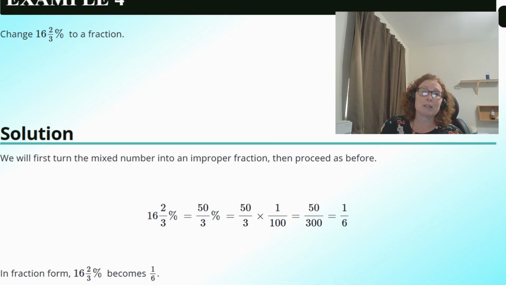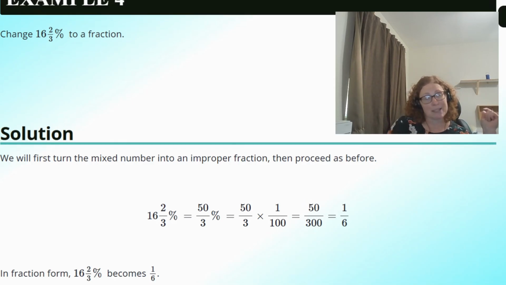But anyway, it'd be 16.667, and then you would times it by the 0.01 or move the decimal point and be 0.1667 something. So we can't do that here.